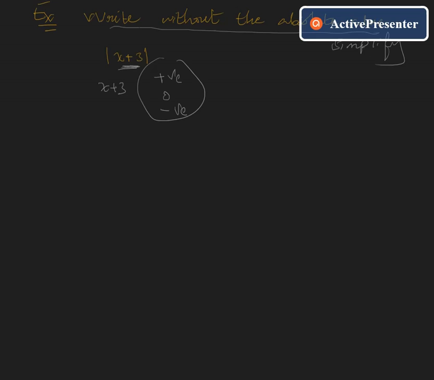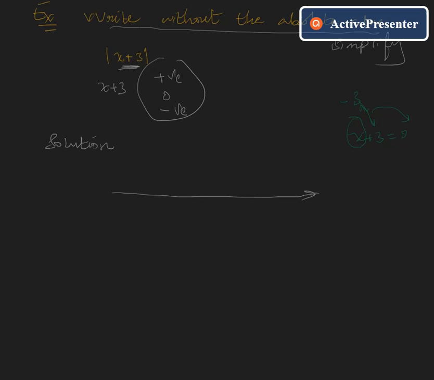How is that? The first and easy way: when does x plus 3 equal 0? We know when x equals minus 3, because minus 3 plus 3 leads to 0. So we know the value that makes x plus 3 equal to 0.